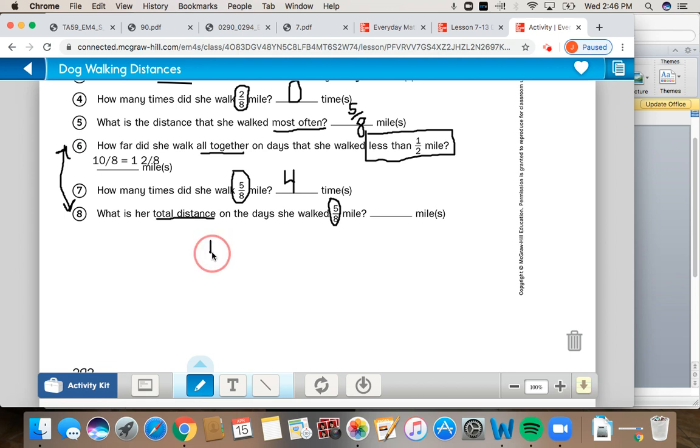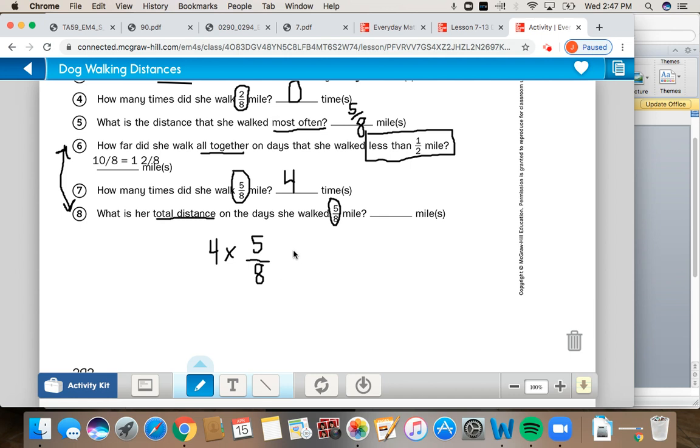So that sounds like multiplying a whole number times a fraction. I want 4 of my 5/8. 4 times 5/8. Or you can do repeated addition: 5/8 plus 5/8 plus 5/8 plus 5/8.